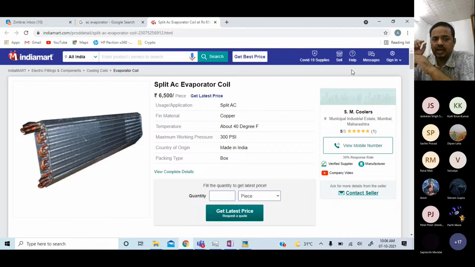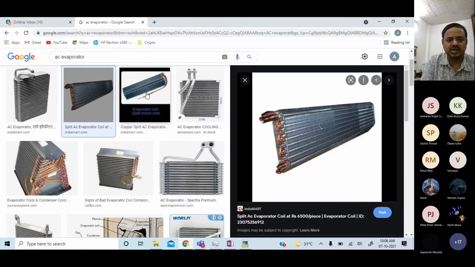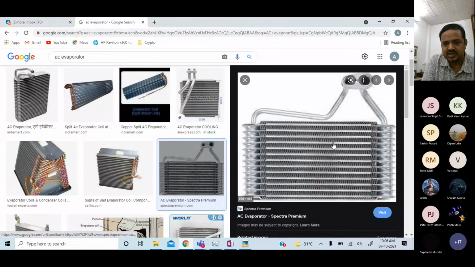To enhance the heat exchange, to increase the area across which heat transfer can take place, you can see all these fins. There are finned passages through which the air comes out. It may not be very clear in this picture, but if you open up any finned heat exchanger or evaporator, you'll be able to see that. Probably in this picture you can see the finned passages better.